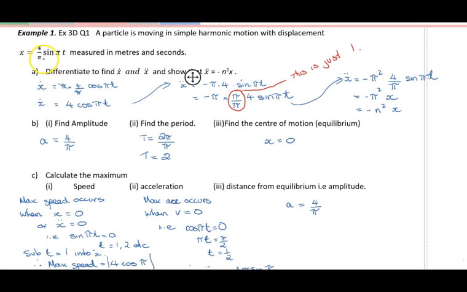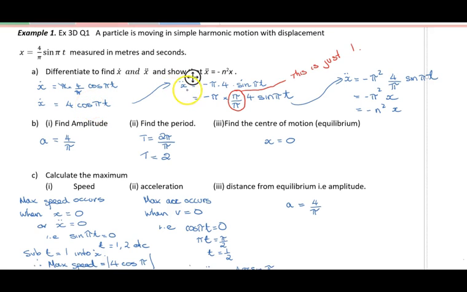We'd expect a trig function to define displacement in a simple harmonic motion situation. Part A says differentiate to find velocity and acceleration and show that acceleration can be written in the form minus m squared x. There's nothing unusual about differentiating to get velocity and just tidying it up. It's a nice expression. It's a cos graph. There's nothing unusual about it.